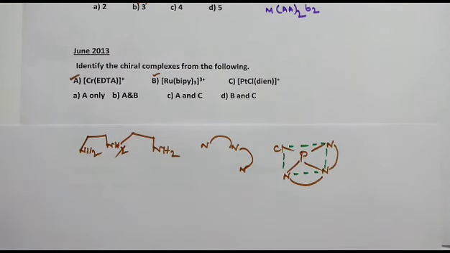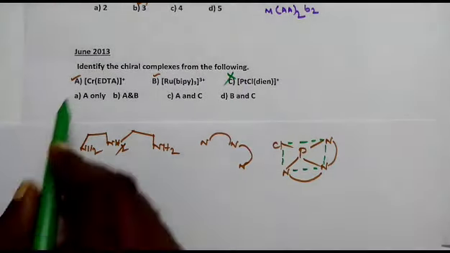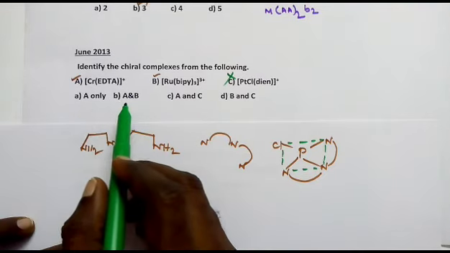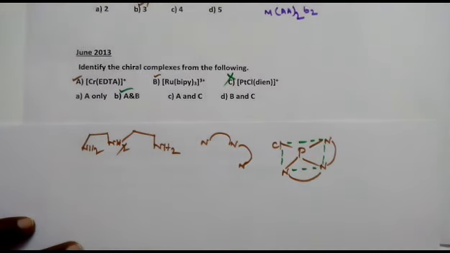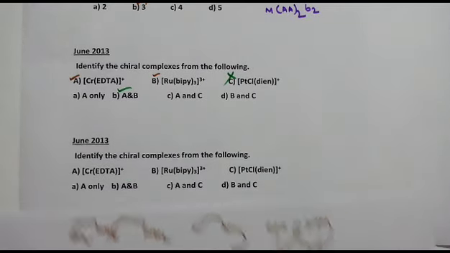I already told you that square planar complexes are superimposable with their mirror images, so they are optically inactive. Square planar complexes are optically inactive, so the answer is A and B. Where are A and B? This one. A and B are optically active complexes, chiral complexes.